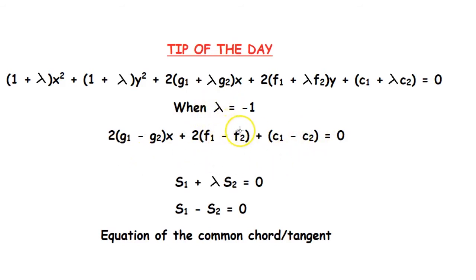Try finding it out. If you can't remember, let's substitute lambda equals -1 into the equation S1 plus lambda S2 equals 0. We get S1 minus S2 equals 0. Now you definitely remember this equation. It is the equation of the common chord or common tangent of the two circles. So when lambda equals -1, we get the equation of the common chord and not a circle.